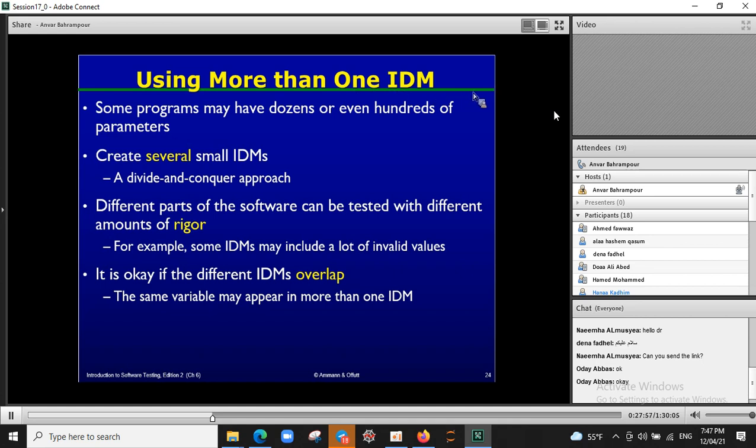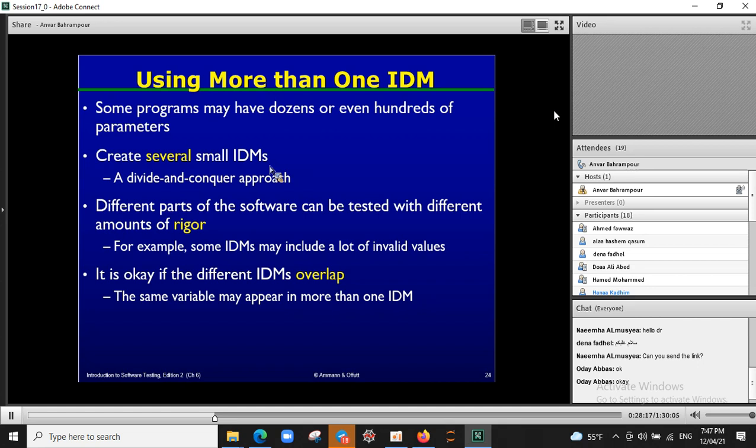Okay, let's go. So we can use more than one IDM when we want to do functional testing of a program by input space partitioning or input domain modeling.